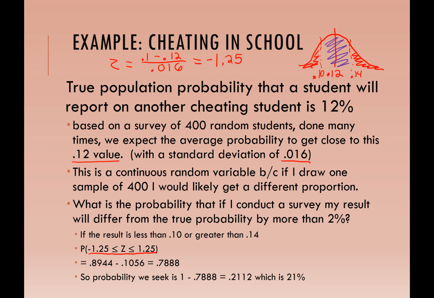Another way to do it, since this is symmetric, you could just find one of these tails and multiply the answer by 2. If it's not symmetric, you'd want to do each tail and then add them together. But there's a few ways to do this. So the probability ends up being 0.2112 or 21%.